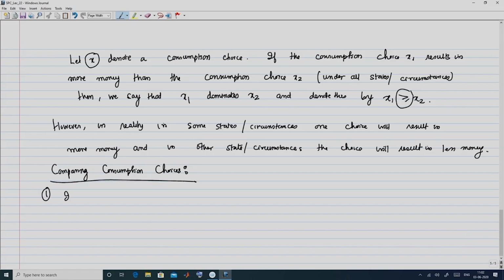The first axiom or comparative criterion is the following: if the investor likes the consumption choice x1 at least as much as x2, this is denoted by this notation.